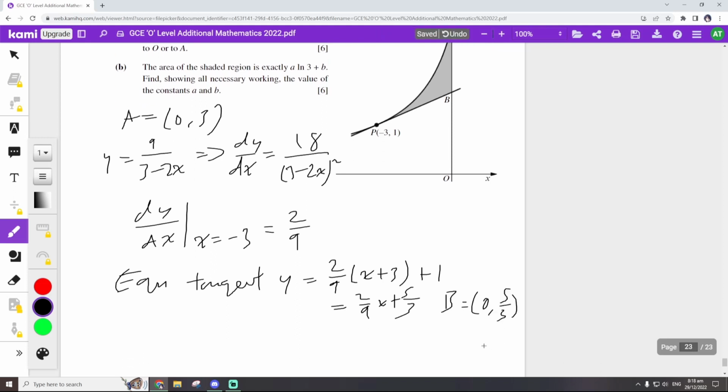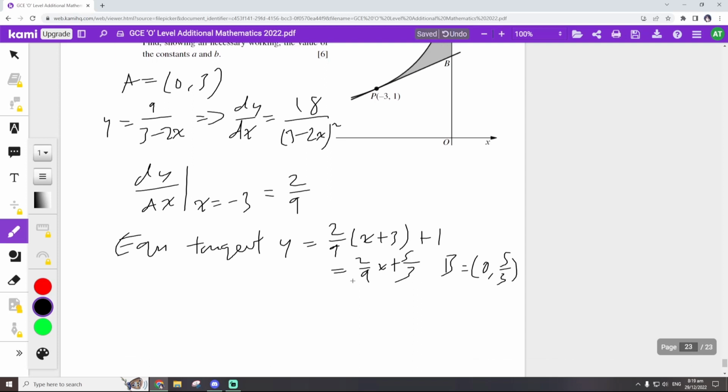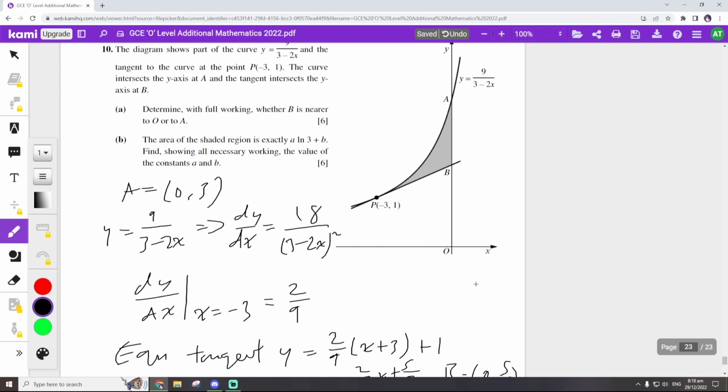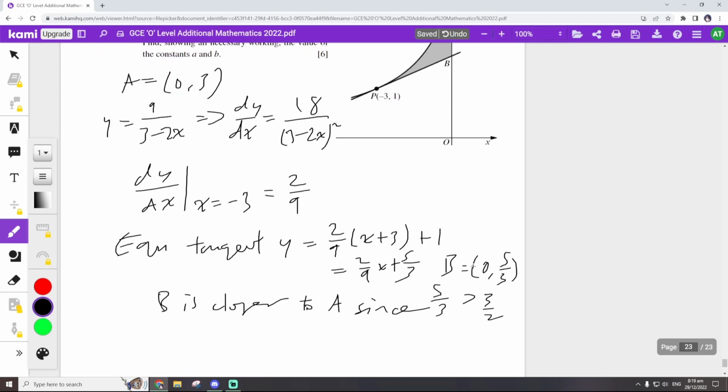So 5/3 means that it is closer to A. So B is closer to A, since 5/3 is greater than 3 over 2. Basically, if it were less than 3 over 2, it would be closer to O instead, because OA is 3, right?